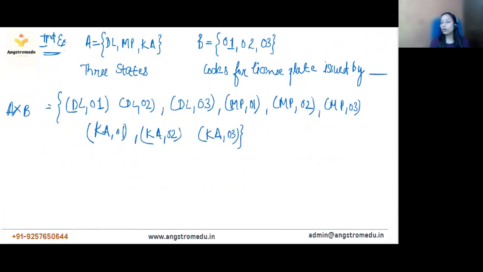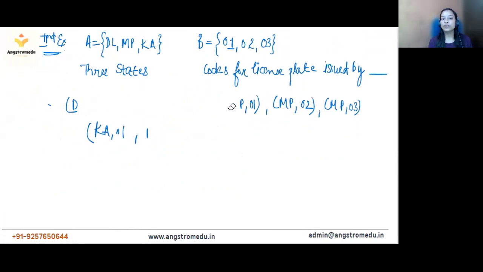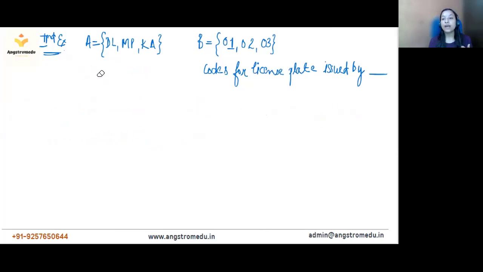Coming across all of this, we have found there are some remarks of Cartesian product. Like Cartesian product follows some rules. After studying the examples, after studying the definition of it, we have come across few rules which are followed by a Cartesian product.